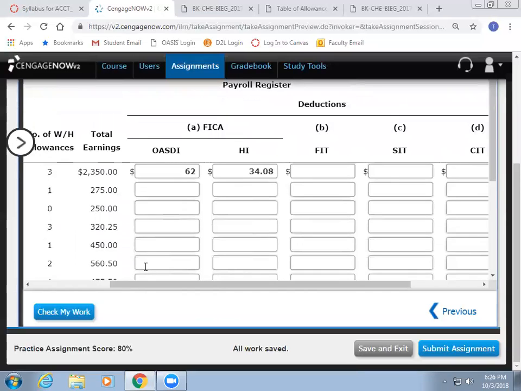Okay, so federal income tax withholding. It says to use the wage bracket method, but can we use the wage bracket method with this employee? He makes $2,350 weekly, and he is married with 3 allowances. Looking at my table, any earner that makes $1,490 and over isn't covered by the wage bracket method.